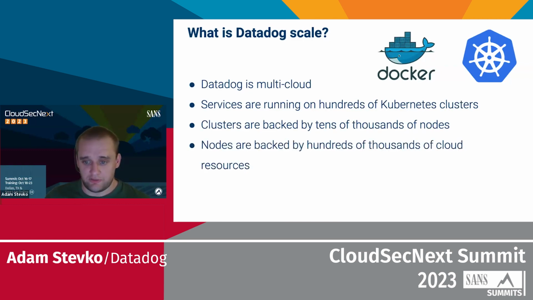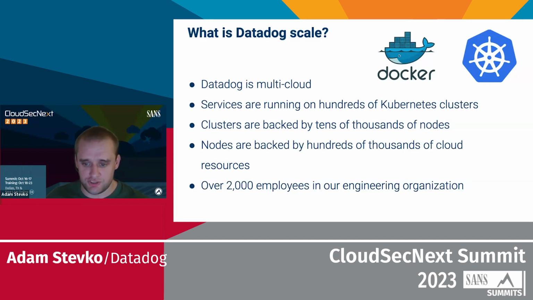These nodes are backed by hundreds of thousands of cloud resources, and we have more than 2,000 engineers in our engineering organization creating changes. So basically, sometimes it can happen that a misconfiguration can bleed in, and we want to avoid doing so.